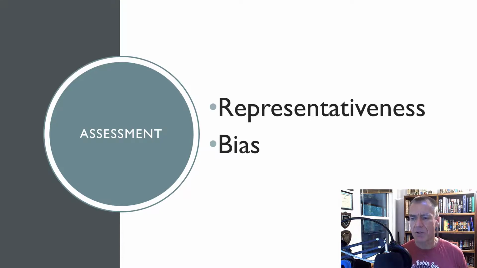It's biased relative to a factor to the extent that the factor is not present in the sample in the same proportion as it exists in the population. Put another way, a sample is biased means that it's taken in such a way that it doesn't match up with the target population. It doesn't mirror it, it doesn't match it in terms of the relevant qualities.